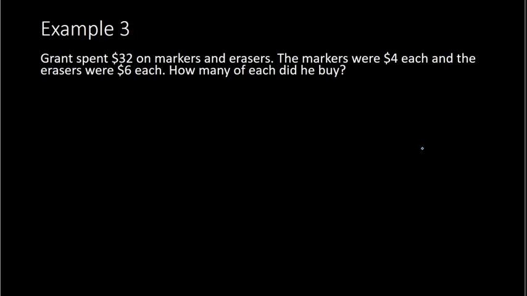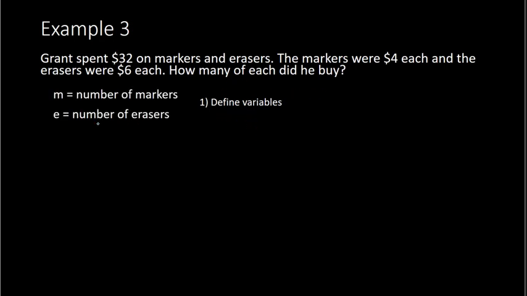solve it after that. So to begin setting up an equation, we would like to define our variables. To do that, we can let m be the number of markers and e be the number of erasers. And then from here, we can create our equation.